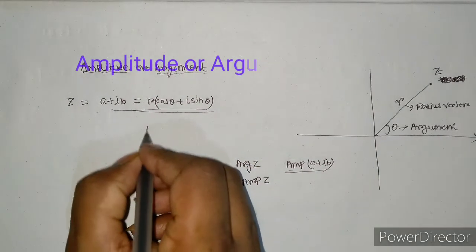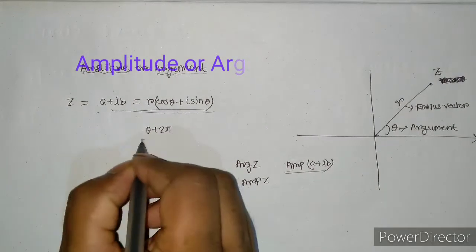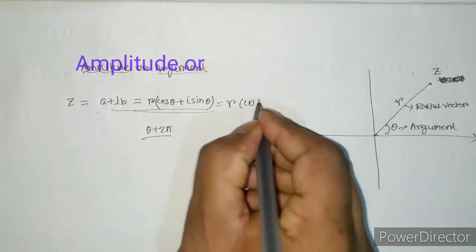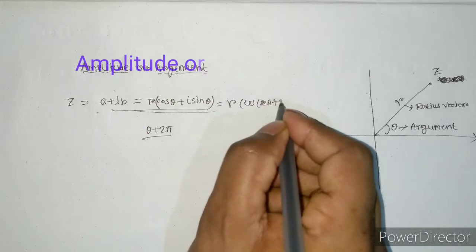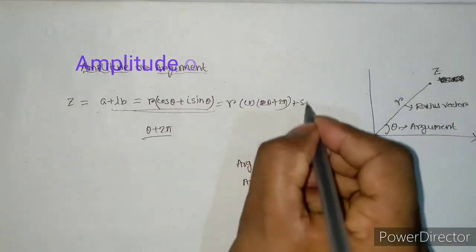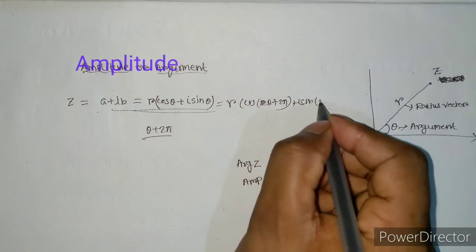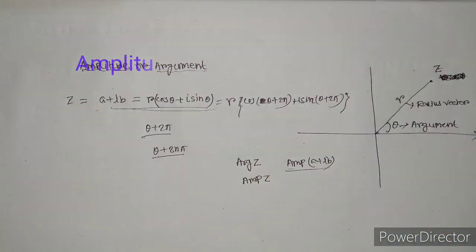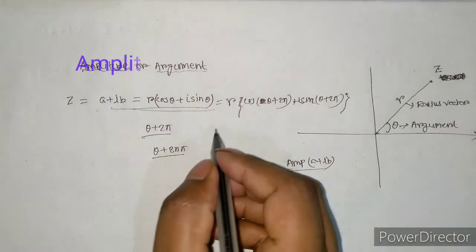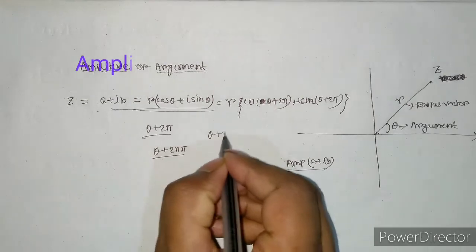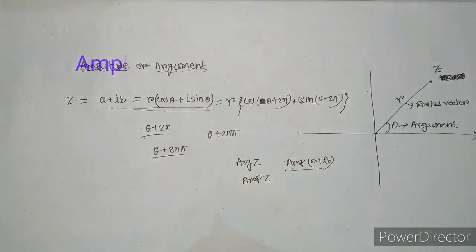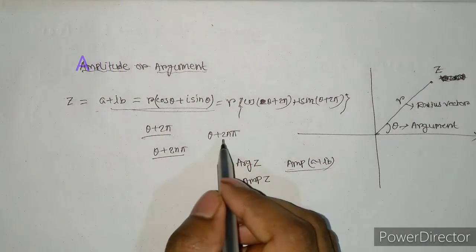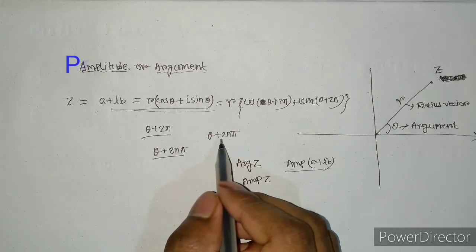If we add 2 pi to theta, then these are the same, that is r cos(theta plus 2 pi) plus i sin(theta plus 2 pi), all are equal. That is, if we add 2n pi to theta, where n is an integer, then these are all arguments of the complex number.